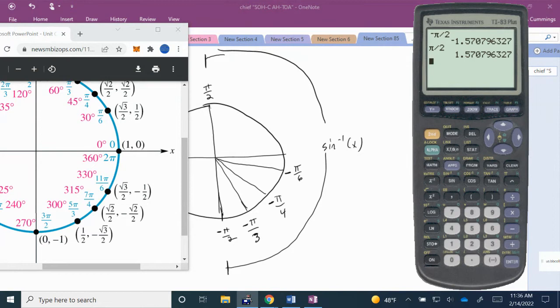So the arc sine is in between these values, negative 1.57 and 1.57. If you were to evaluate, let's say, 3 pi over 2, it is not within this range. If I decimalize 3 pi over 2, notice I get something outside of the arc sine function's range. So you won't use the positive angles, you must use these negative angles.